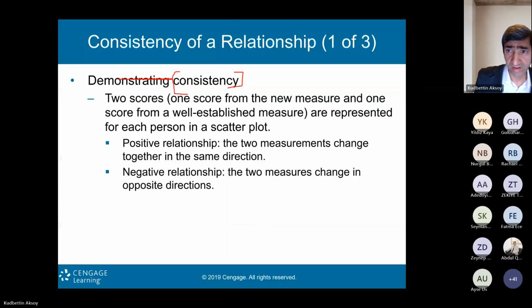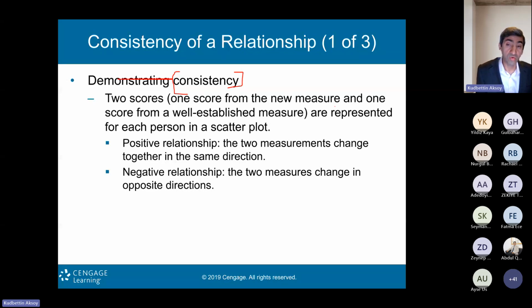So reliability is consistency. Take two scores, one from the new measure and one from a well-established measure. You can do this in many different ways. One of them is, you have student scores on one test, and there is another test students have taken before that measures the same thing.